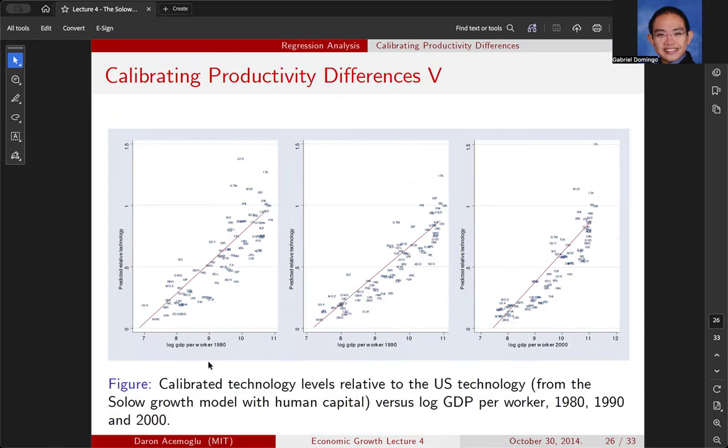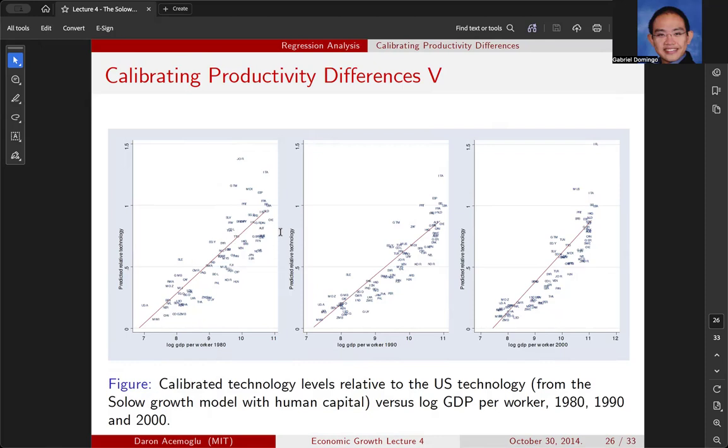So these are the relative technologies, right? The interpretation here, guys, should be the TFP of J divided by the TFP of the United States. And what we've shown here is that most of the countries will have a relative TFP which is lower than that of the United States. Okay, they're below the 45-degree line.